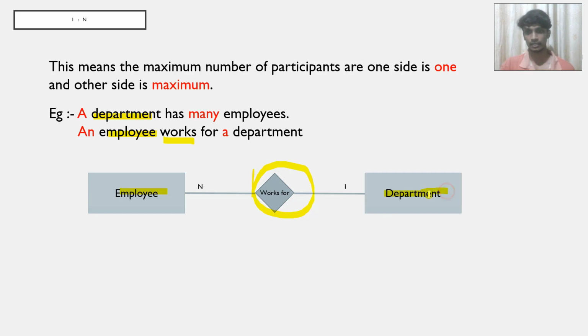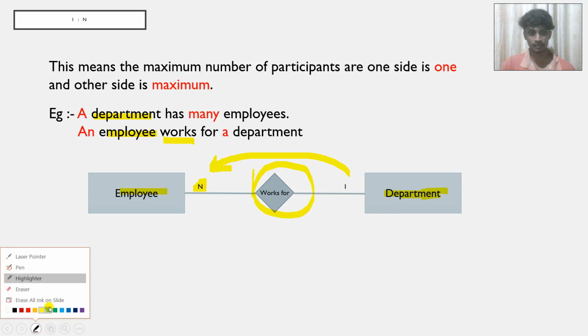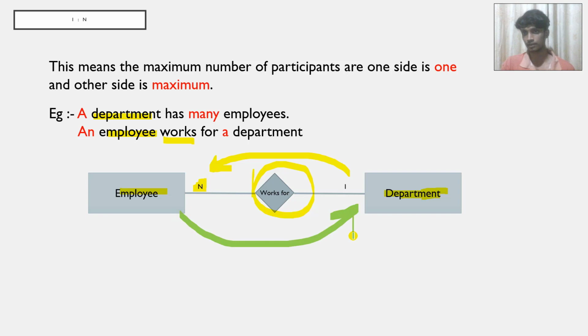Let's say a New York department of Ubisoft has 100 employees. So if we read like this, a department has many employees, so this will be N, which represents the many side. Then if we read the other way, an employee works for a department.